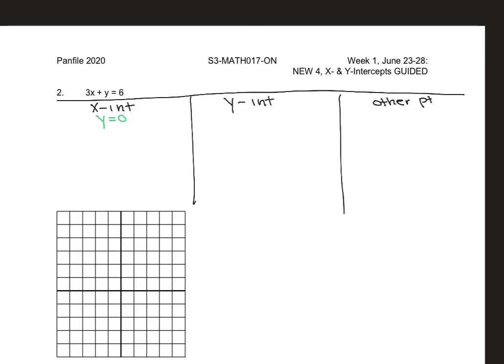Y equals 0, x equals 0, x equals something. Creating my template. Plugging in.